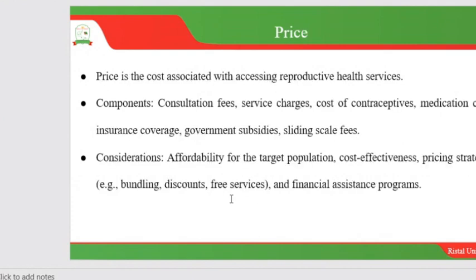So the second P is what we call the price, and a price is the cost associated with accessing reproductive health services. Sometimes it might be a monetary value, but sometimes it may not be a monetary value.